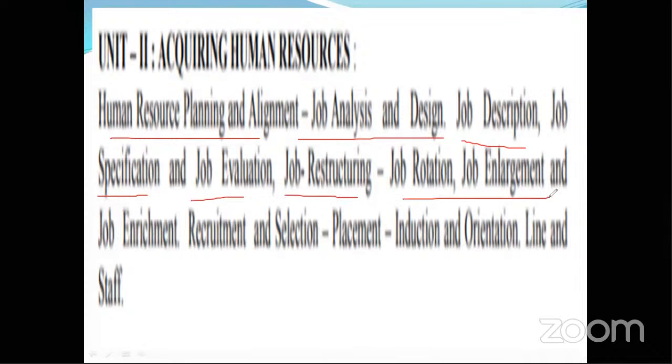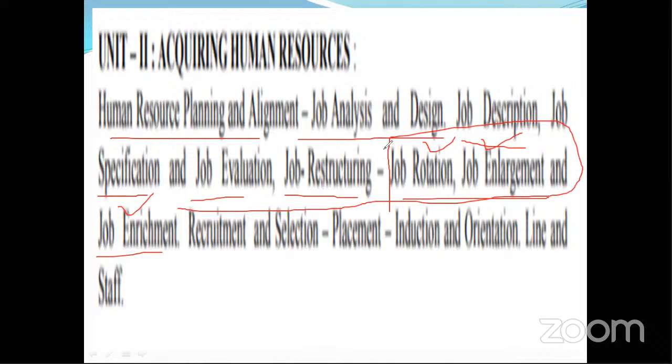These three are the methods in which a job can be restructured. Restructuring means rearranging. Job rotation, job enlargement, and job enrichment are the three kinds of techniques available for job restructuring.